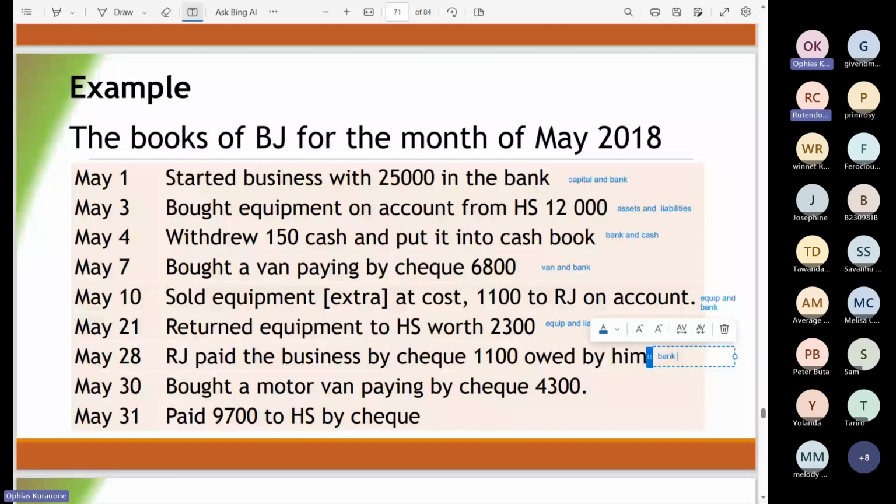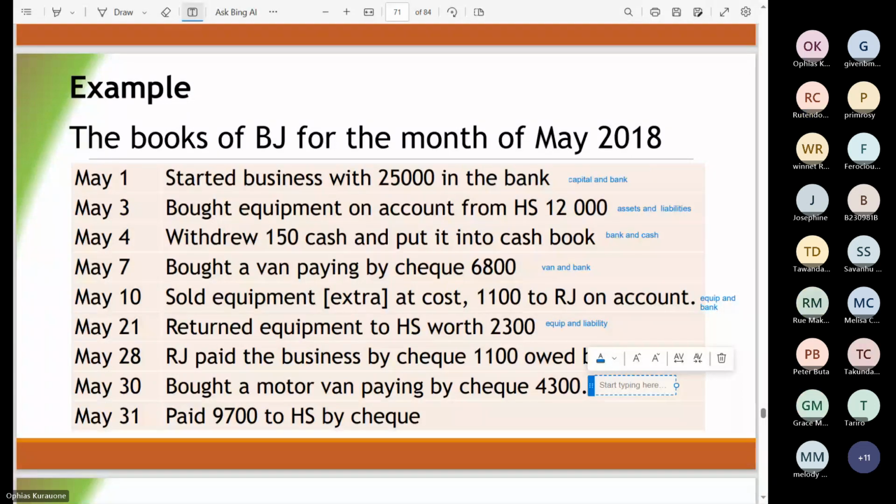Then bought a motor van, paying by check.